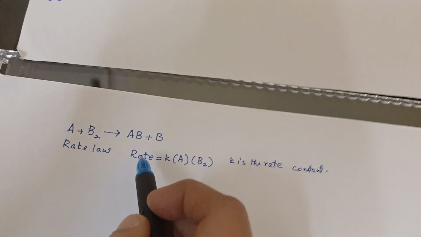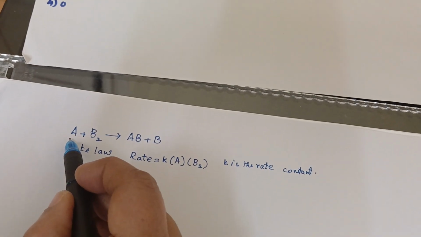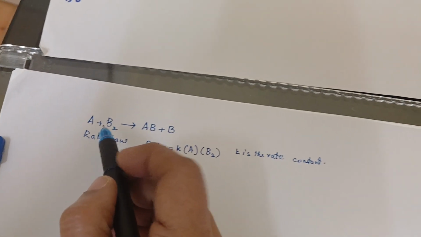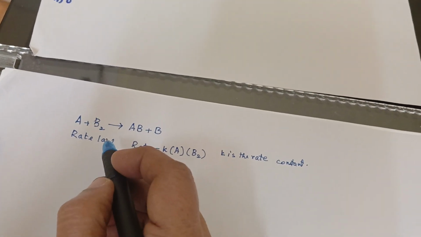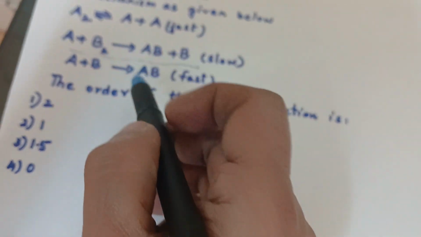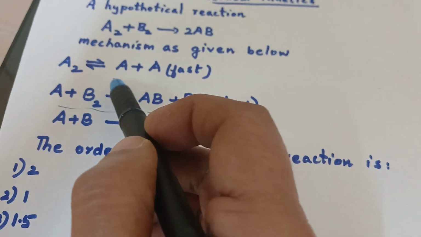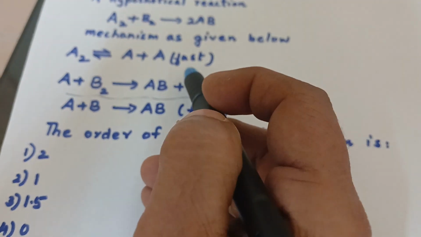Here we can see that A is an intermediate. That intermediate is present in the equilibrium step, that is A2 giving A plus A, which is a fast step.